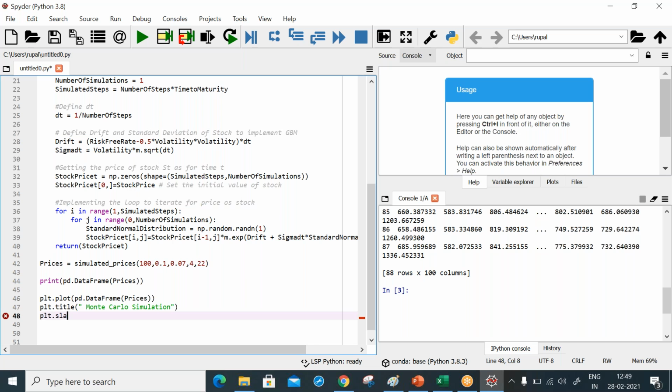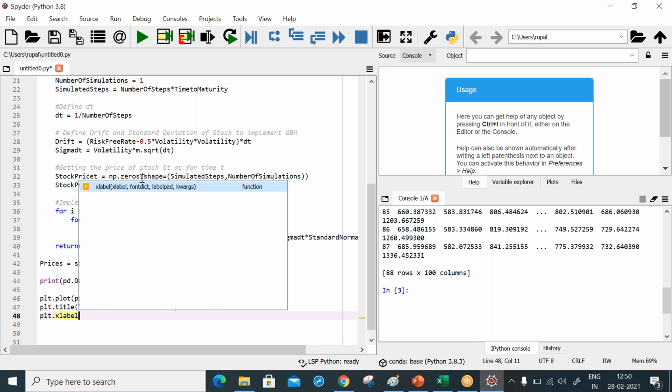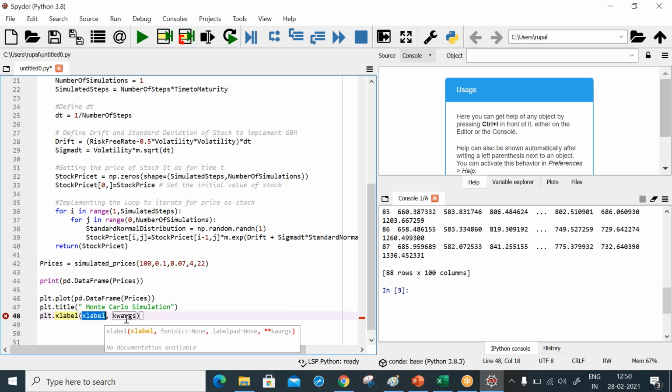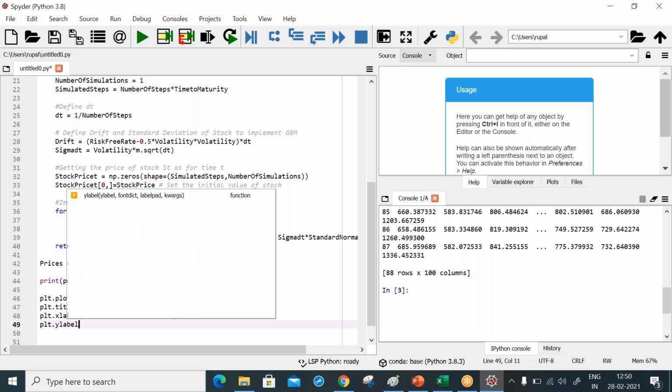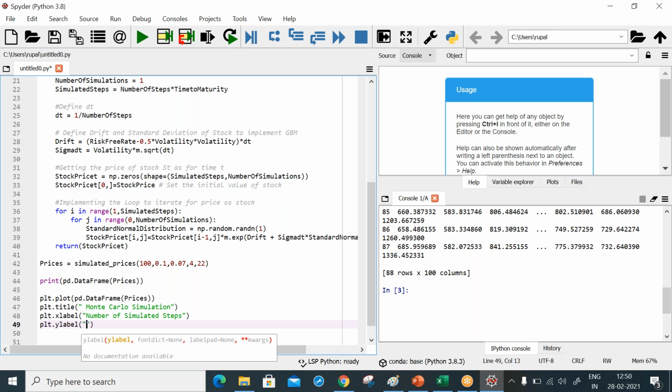Also, I will be putting the X label as number of simulated steps, and the Y label as simulated stock prices.